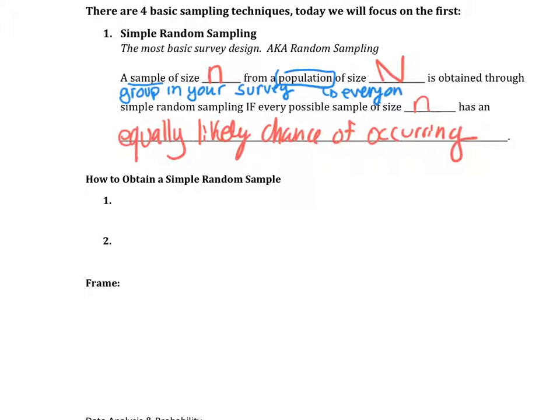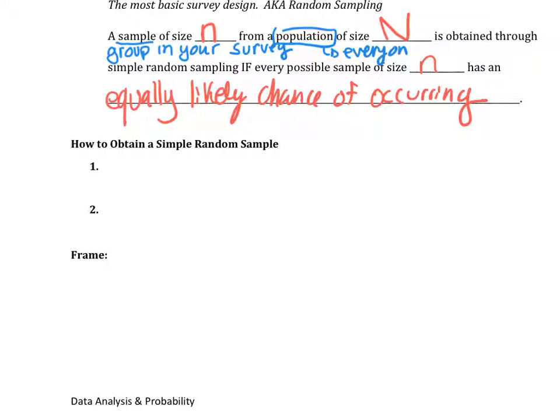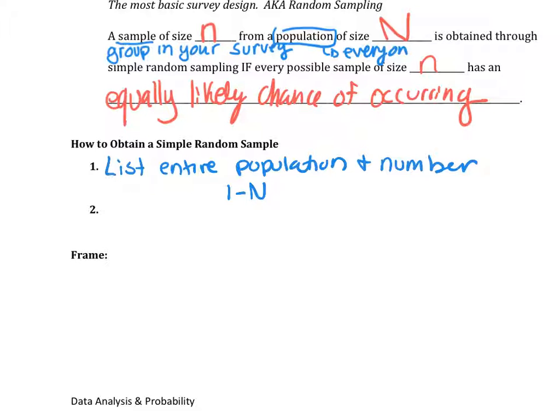Okay. How to obtain the simple random sample. You first need to have a list of your entire population. And you'll number them from 1 to capital N, so just every member in your population has a unique number assigned to them. Your list doesn't have to be in any order, everybody just has to have a number.